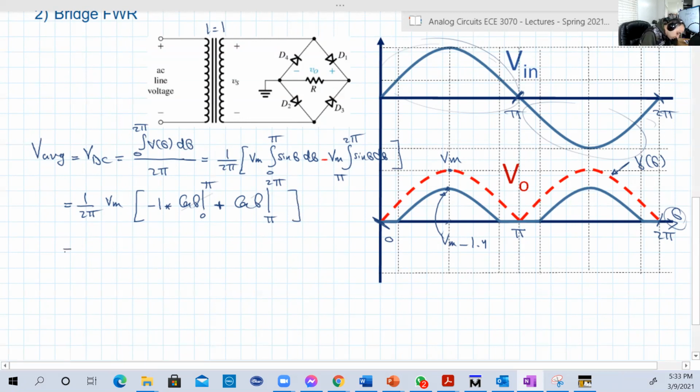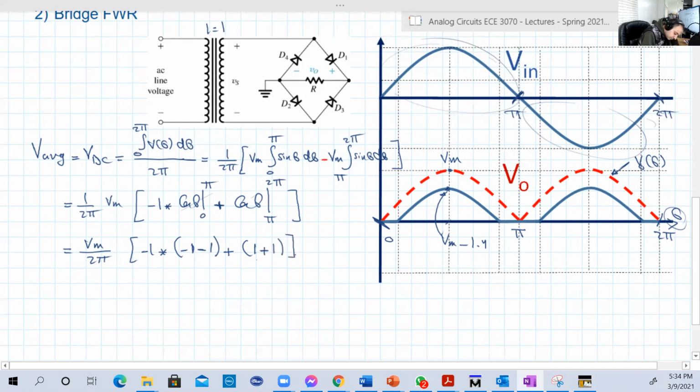So this was V max over 2 pi, minus 1 multiplied by cosine pi minus cosine 0. Cosine pi is minus 1, minus cosine 0 is 1, plus cosine 2 pi is 1, minus cosine pi, and cosine pi is minus 1, so minus minus will be 1.